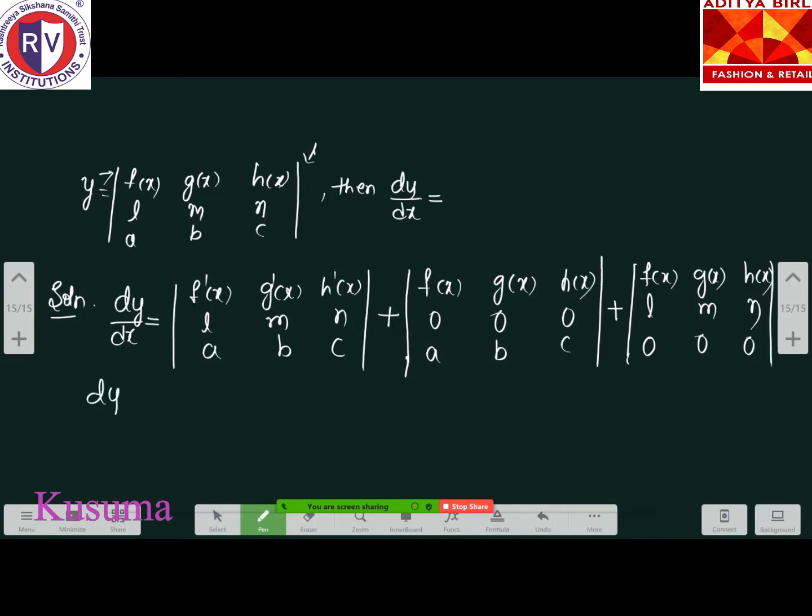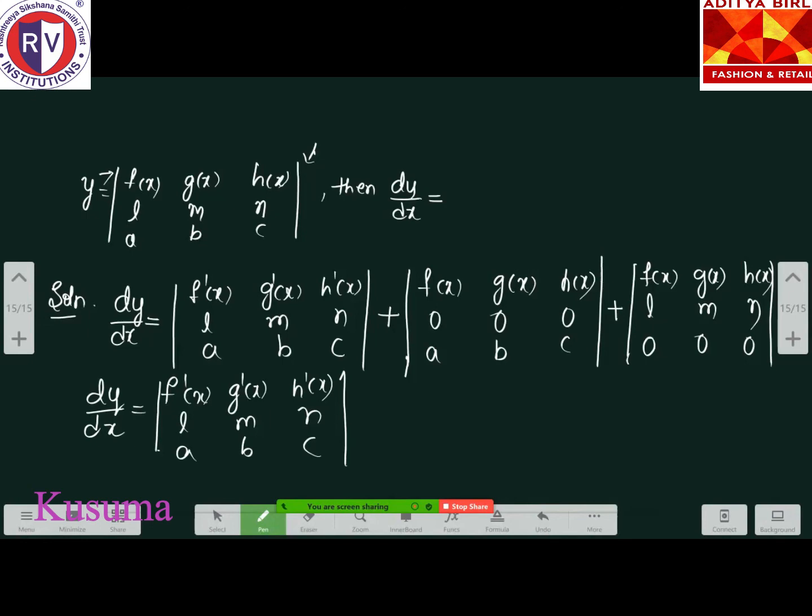So now dy by dx will be equal to determinant of f dash of x, g dash of x and h dash of x, L, M, N, A, B, C. So this will be the dy by dx.